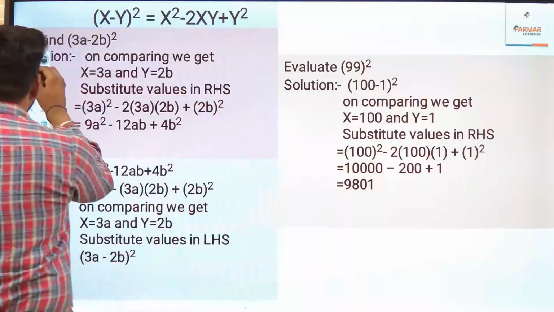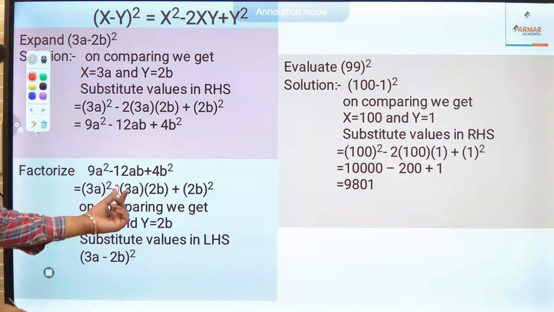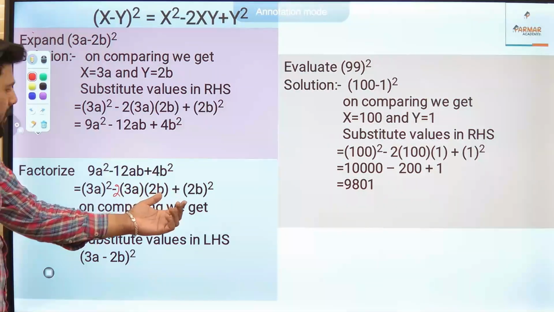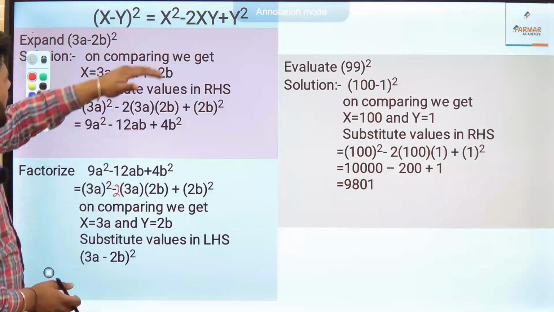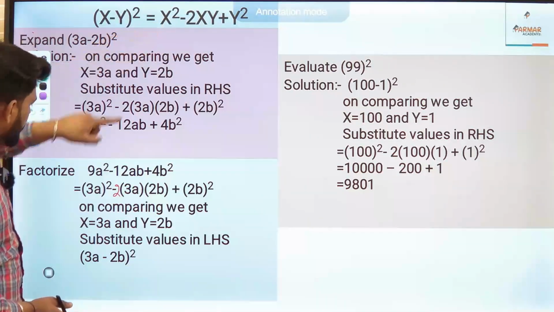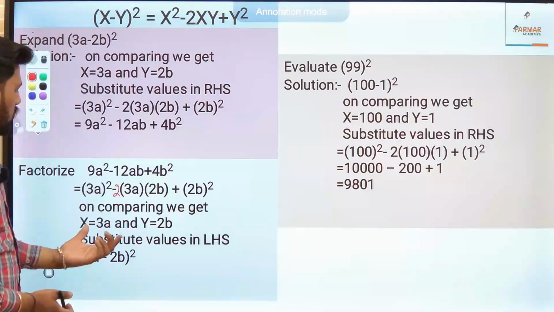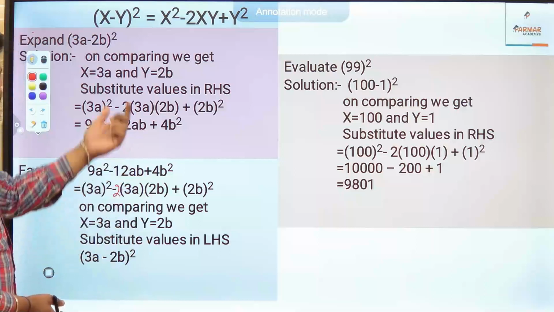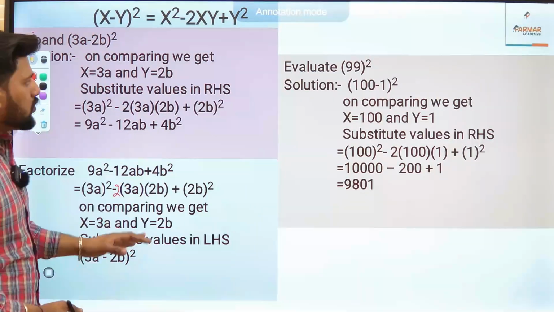Here this is 3a square minus 2 into 3a into 2b plus 2b square. On comparison, compare it with the right hand side, I will get x is equal to 3a and y is equal to 2b. Now substitute these values in the left hand side. I will get 3a minus 2b whole square.